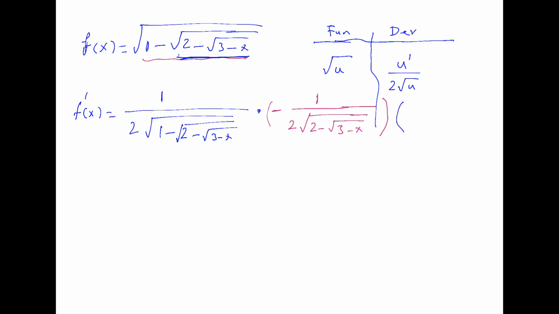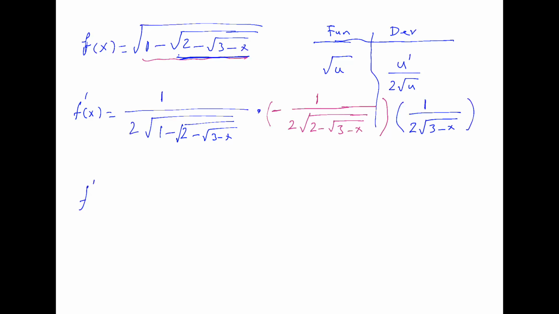That is positive 1 over 2 square root of 3 minus x.